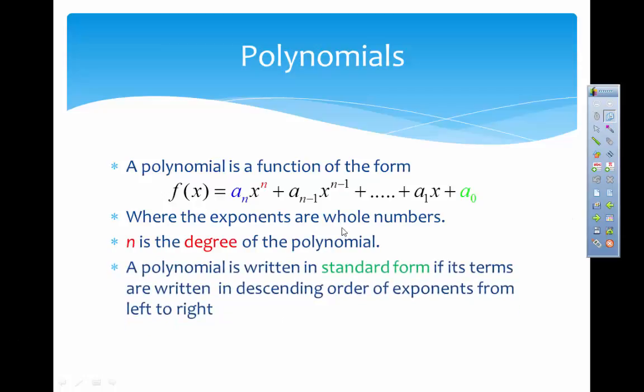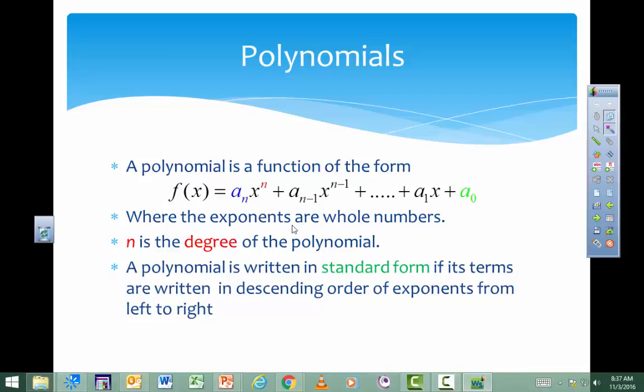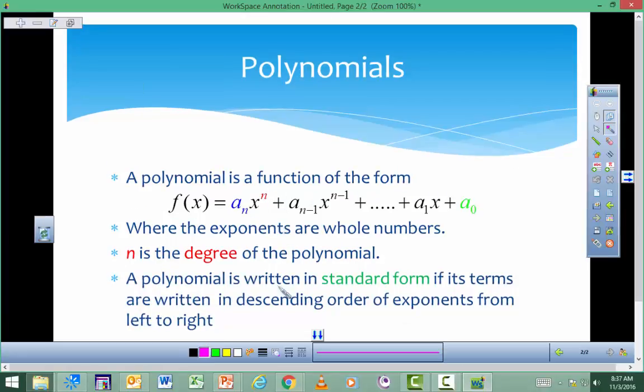So let's talk about the degree, for example. When we write things in standard form, what we do is we write the highest exponent term first, and then the next highest exponent, and then the next highest.